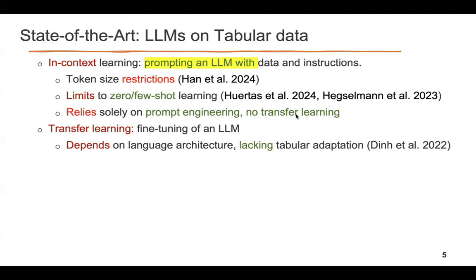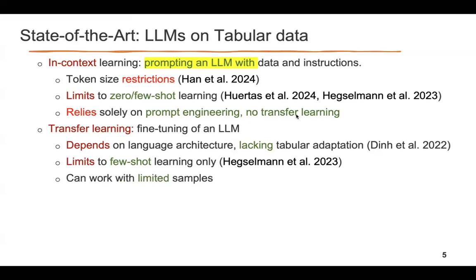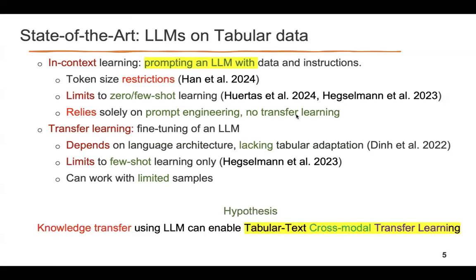Another work is limited to few-shot learning for transfer learning. Even with these limitations, we can see one advantage of transfer learning: we can work with a limited number of samples to transfer the knowledge of LLMs to tabular data. Therefore, we hypothesize that knowledge transfer using large language-based models can enable tabular-text cross-modal transfer learning.